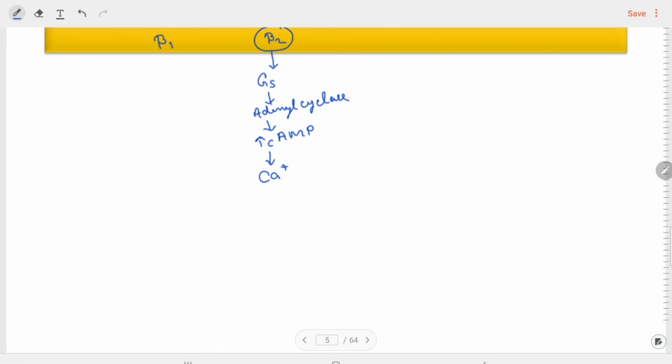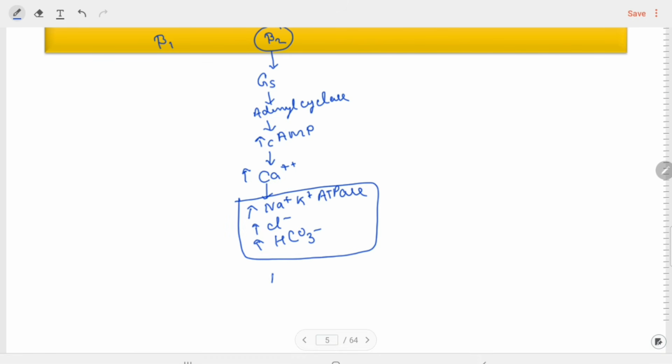That will lead to an increase in calcium ion, or the opening of the calcium ion channels, which will lead to the activation of all mechanisms, like the activation of the sodium potassium ATPase pump, activation of the chloride channels, and an increase in bicarbonate ion, and that will lead to increased production of aqueous humor.